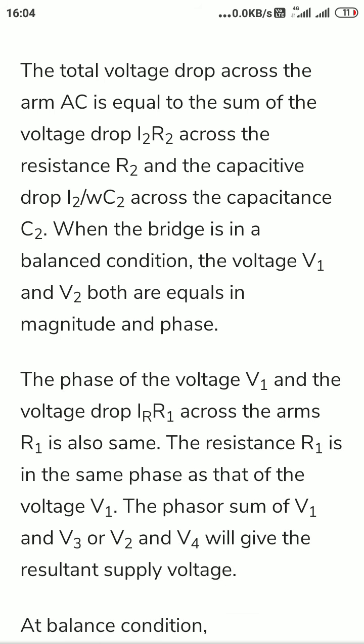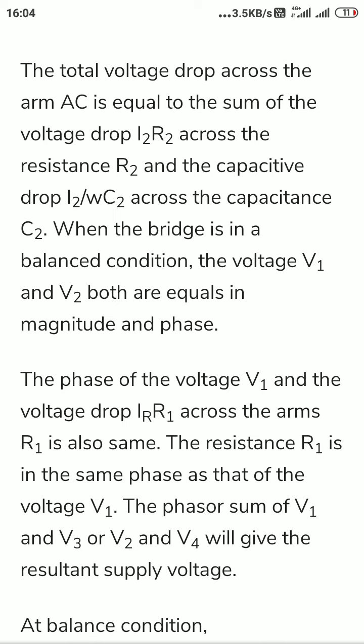The total voltage drop across AC is equal to the sum of the voltage drop I2 R2 across the resistance R2 and the capacitive drop I2 upon omega C2 across the capacitance C2. When the bridge is in a balanced condition, the voltages V1 and V2 are both equal in magnitude and phase.